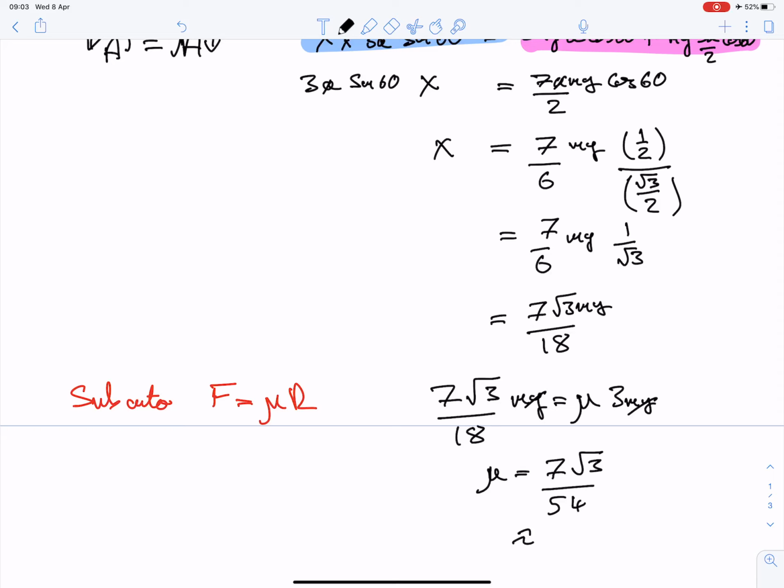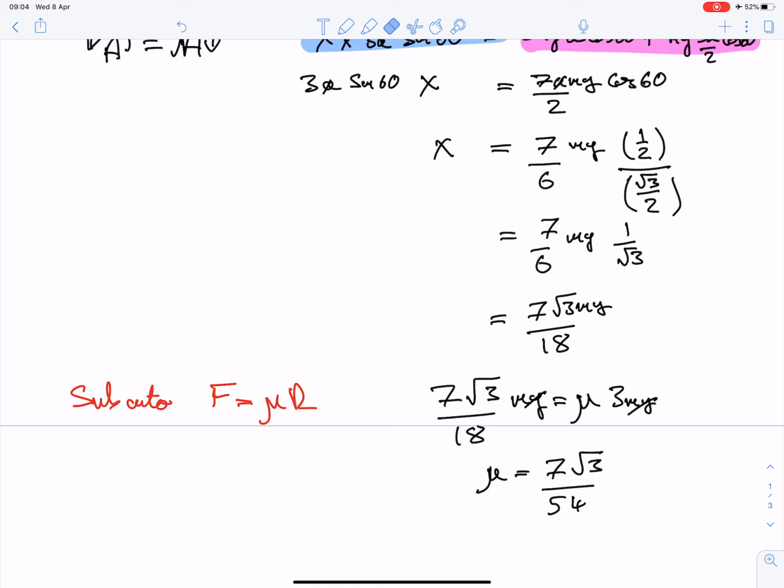So we've now got X, so we've also got the friction. So we can now substitute into friction equals mu R, since it's on the point of slipping.